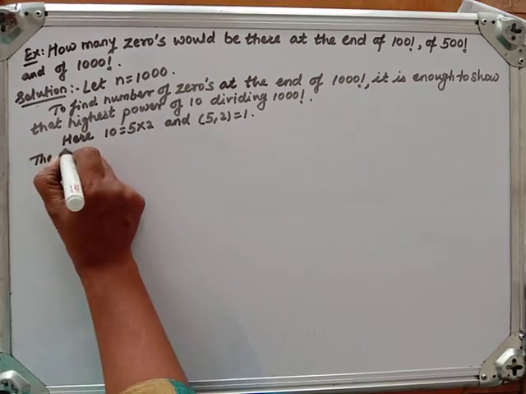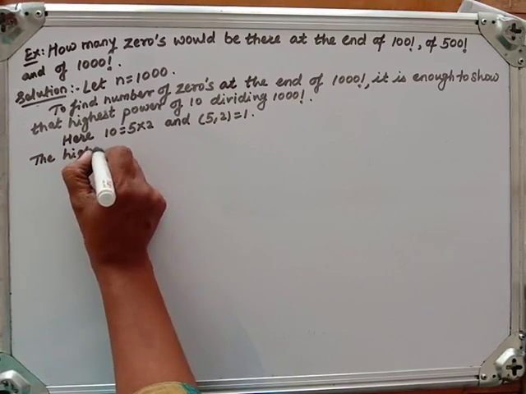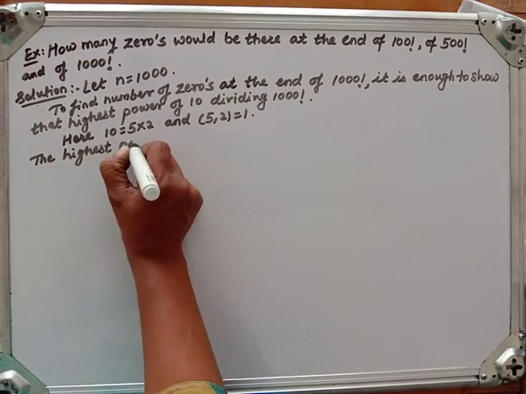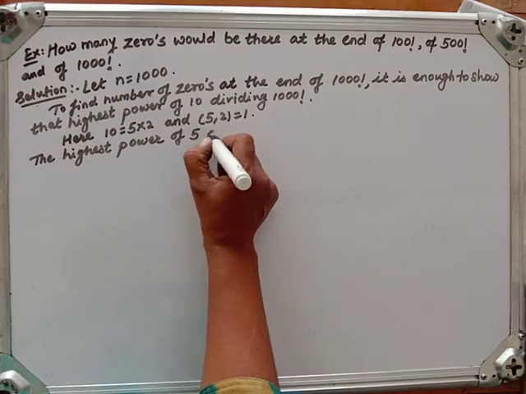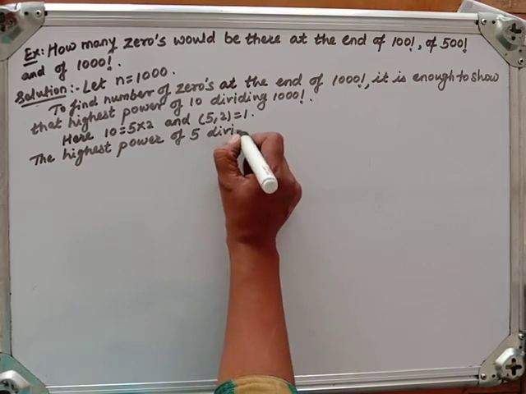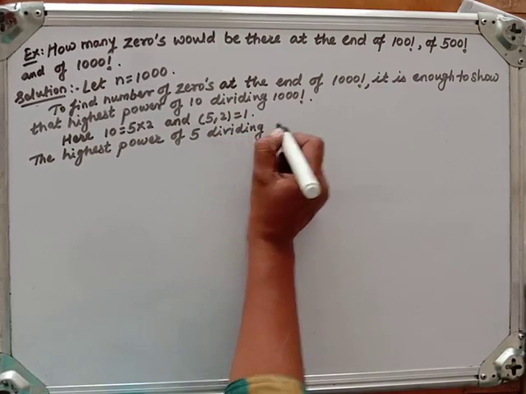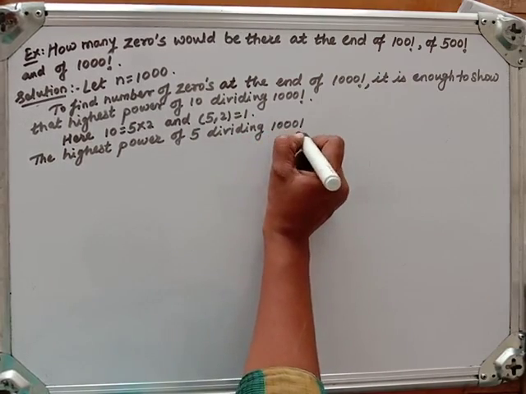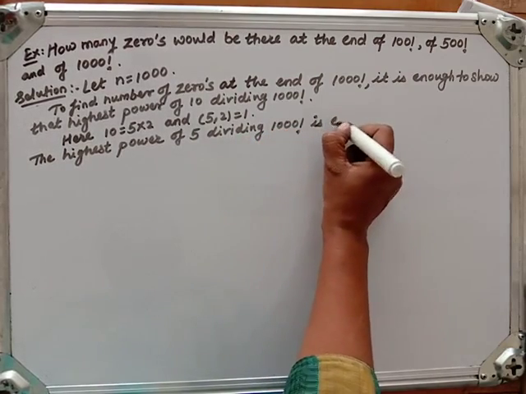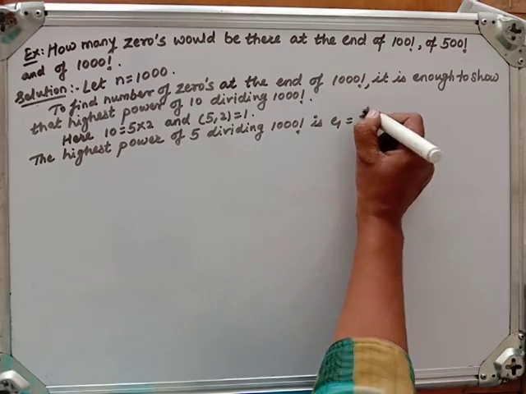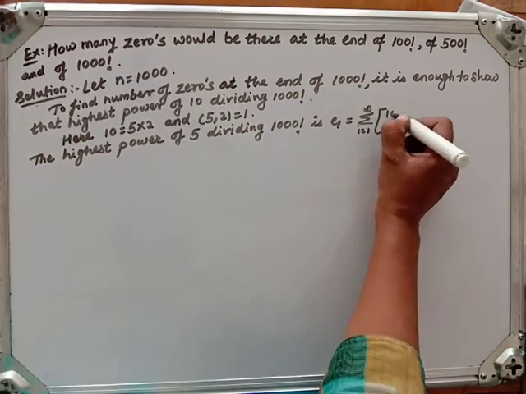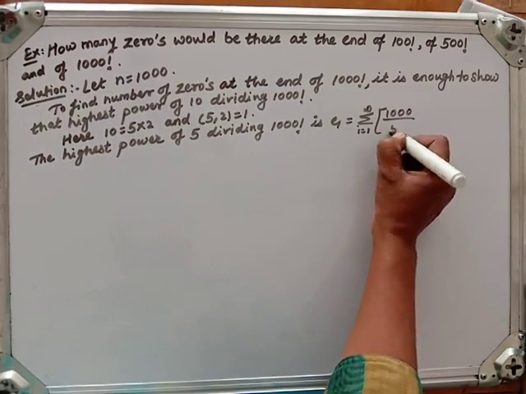The highest power of 5 dividing 1000 factorial is E1, and that is summation i from 1 to infinity 1000 upon 5 raised to i.